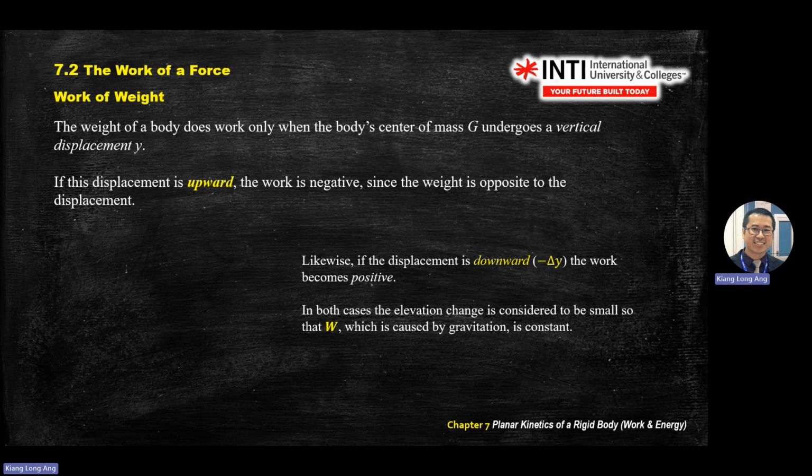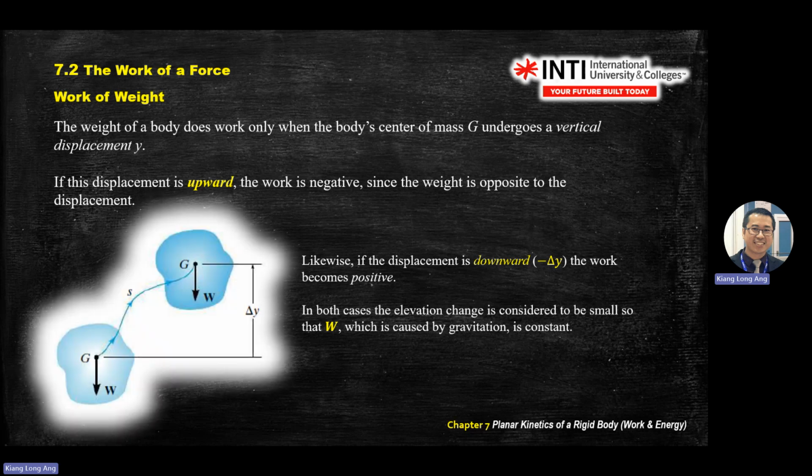Now the next one is weight. Weight will do work, but this time remember that there is a positive and negative direction. Work going downwards, meaning the weight, W equals mg, going downwards, so the distance from here to here is positive. But if I put a datum here and point the arrow up, the work will be negative.